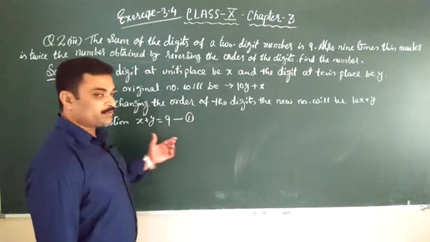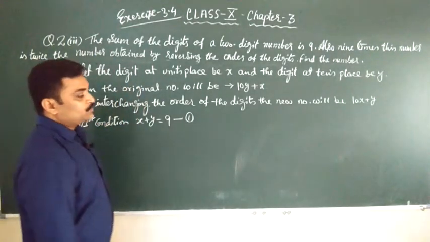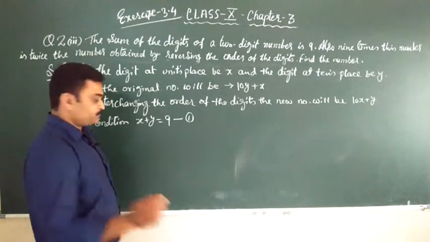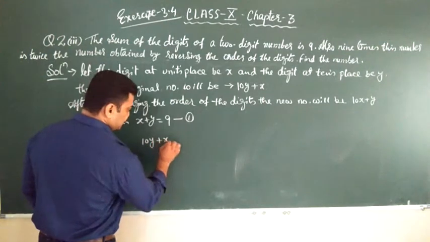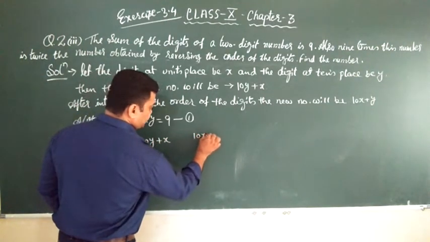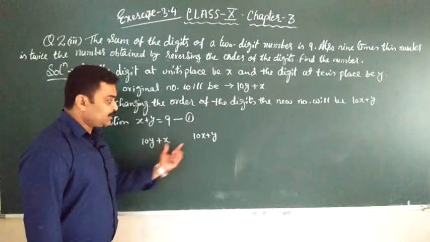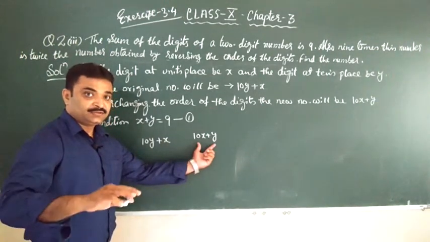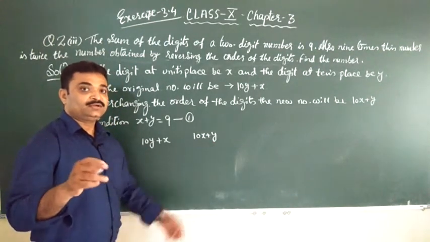Now, students, we have two numbers, 10y plus x and 10x plus y. This is our original number and this is our new number after interchanging the order of the digits.